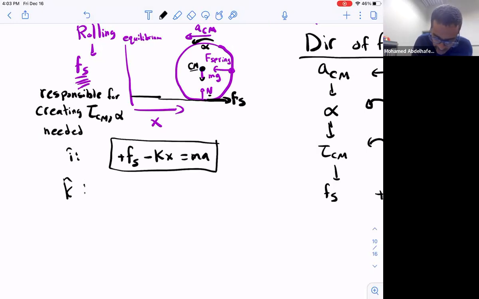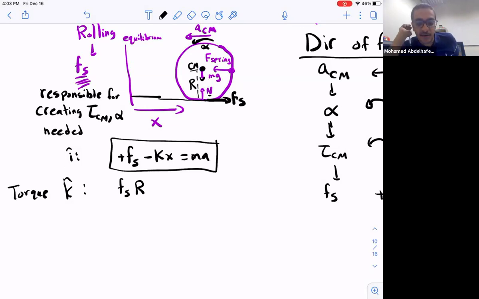The torque equation looks like this. As we said, the only torque we have is the torque from static friction, about the center of mass. So the torque from static friction is Fs times R, because the perpendicular distance to the center of mass is R. The K is a spring constant. The spring force is always minus kx.